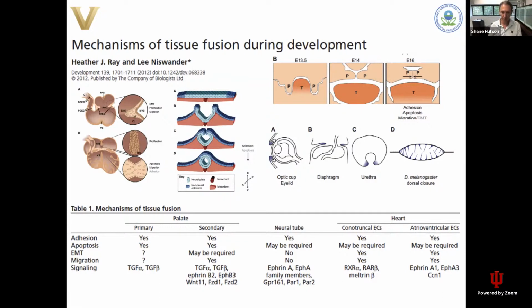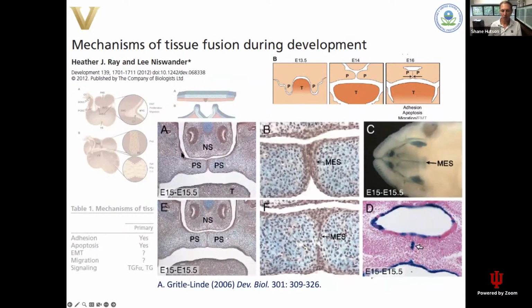Right now, if we take a little closer look at what some histology of this process looks like, here in A and E, you can see two palate shelves growing towards one another. And you can see just a little bit of difference in the staining here. It's easiest to see in B and F in the middle.